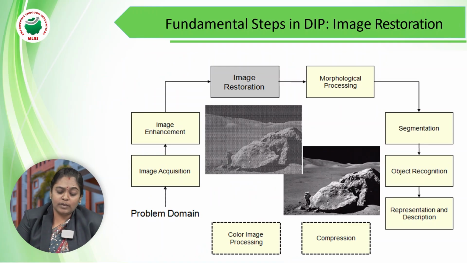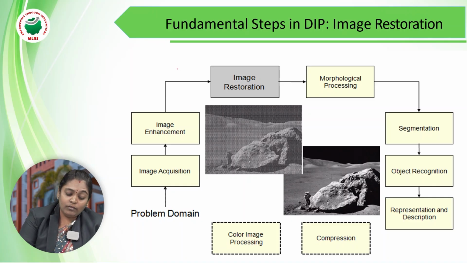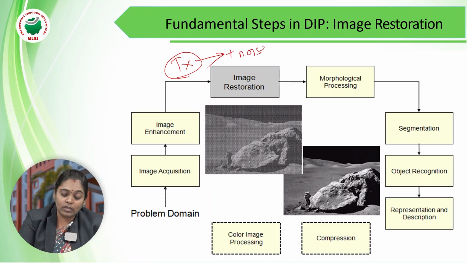And the third step is image restoration. The name itself indicates: you have performed image enhancement, and now you are going to transmit this image. Whenever you are transmitting this image, there is a chance of some noise being added to that image. So that indicates that after image enhancement, noise is going to be added. Now the image consists of the actual image followed by some noise component.